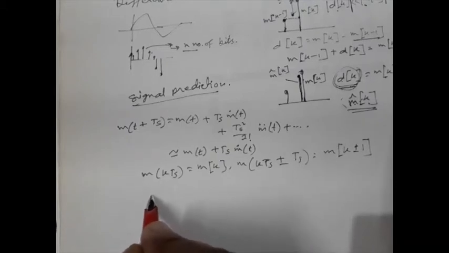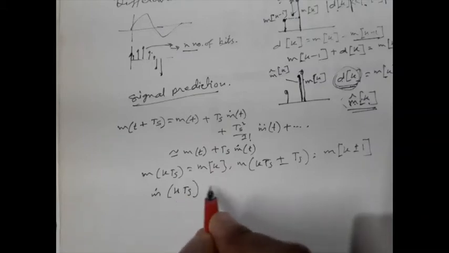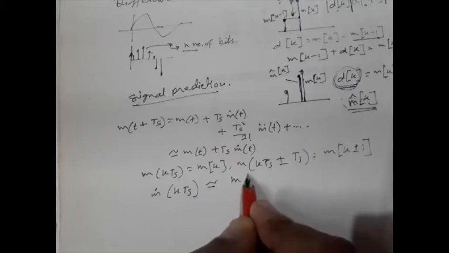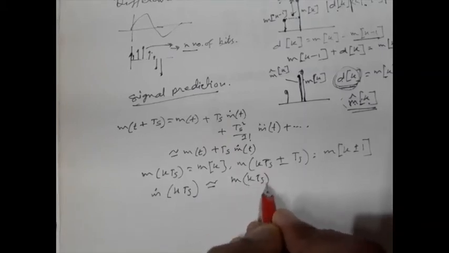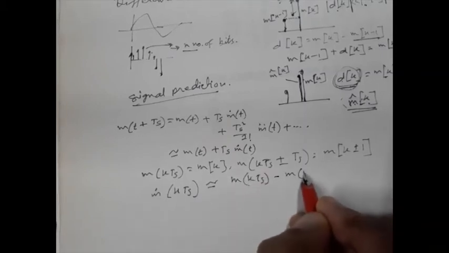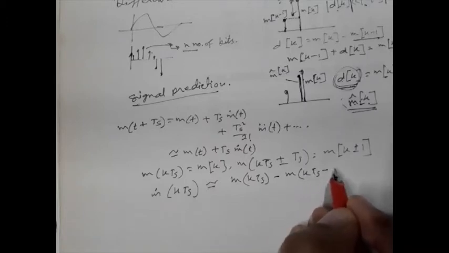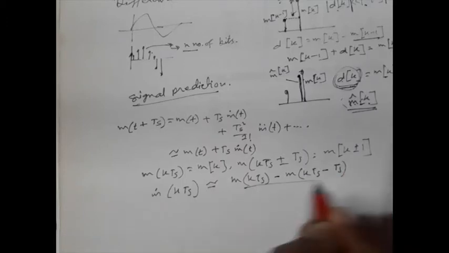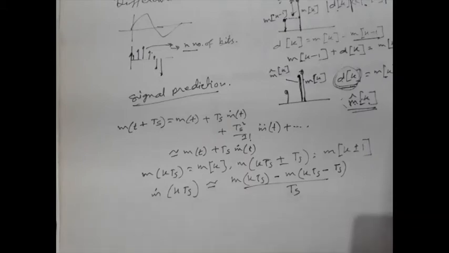So m dot(kTs) can approximately be written as m(kTs) minus m(kTs minus Ts) divided by Ts.